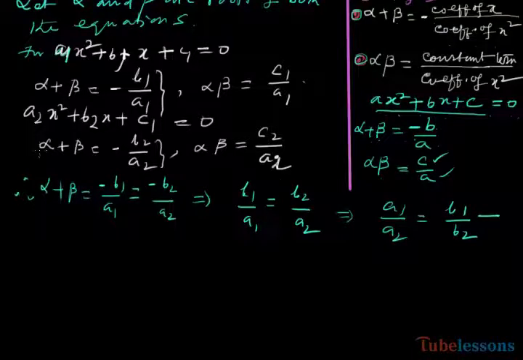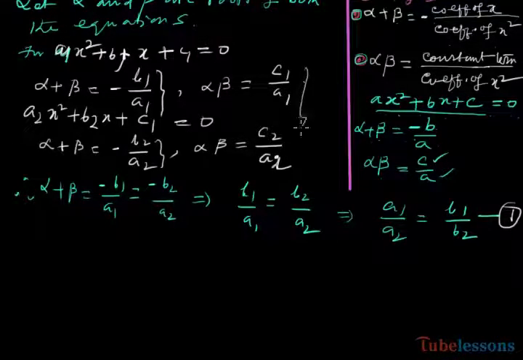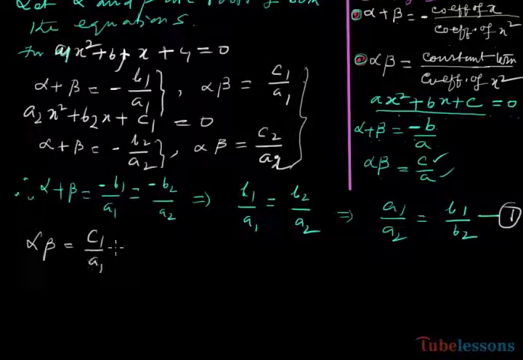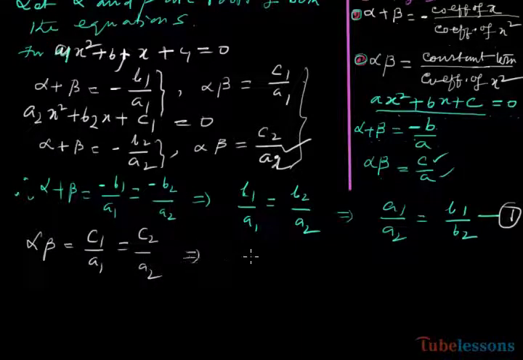Numbering this as relation 1. And then from the products, alpha beta, c1 by a1 equals c2 by a2. From this, by rearranging, you can write a1 by a2 equals c1 by c2.